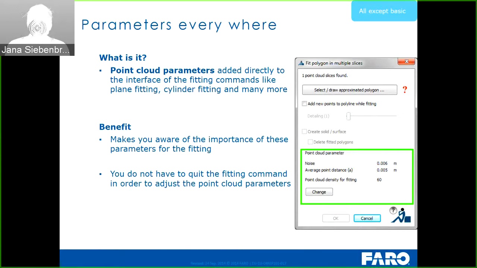It helps you to be even more aware that these point cloud parameters matter for the results of the fitting tools. And also, you don't have to leave the fitting tool itself if you feel like you need to adjust the point cloud parameters for a certain area of point cloud you're working on. So you can adjust those parameters directly from inside your fitting tool, which is quite handy.